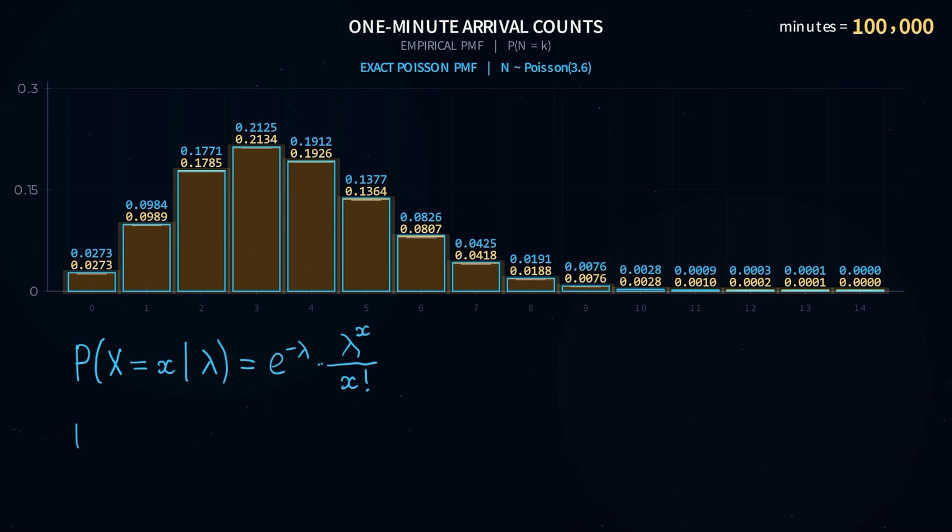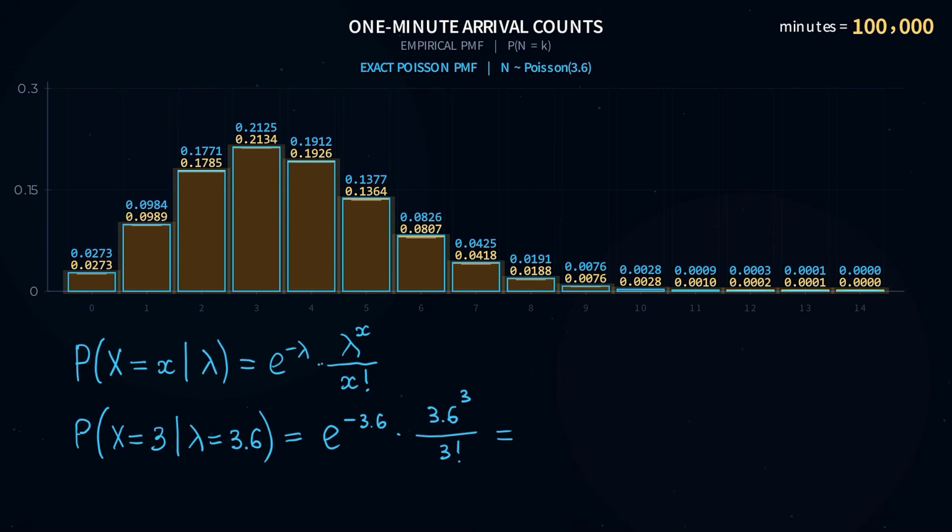So then, for any one particular value, if we evaluated for lowercase x equal to 3 and given a lambda of 3.6, which is what we used in our Poisson process, we get e to the power minus 3.6 times 3.6 to the power 3 over 3 factorial.